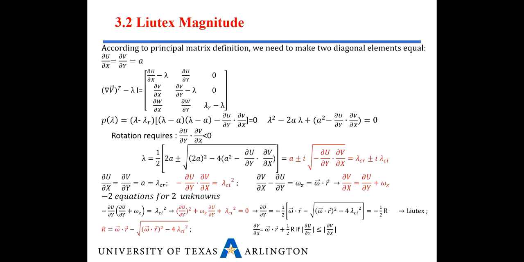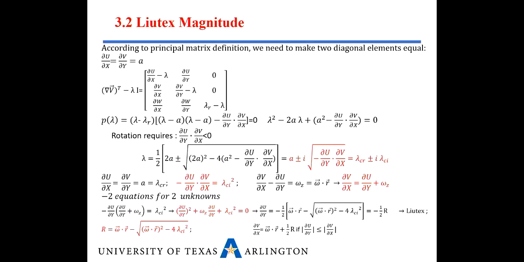Therefore, we want to find two unknowns, so we need two equations. What are the two equations? First, partial u, partial x plus partial v, partial y should be equal to a. Then this partial u, partial y should be lambda ci squared.